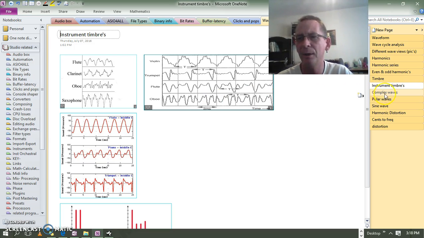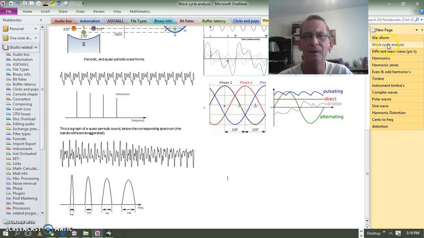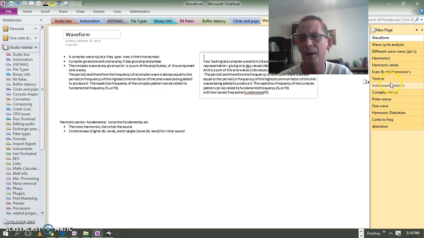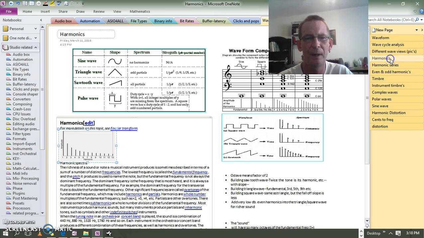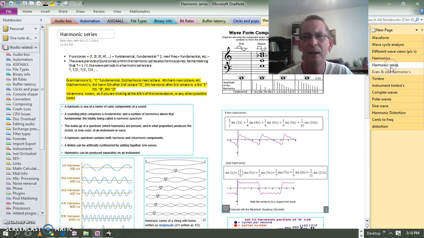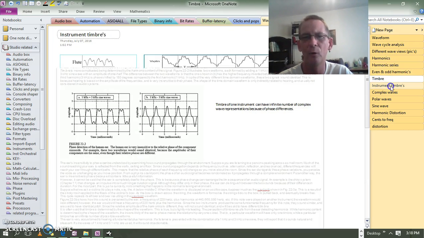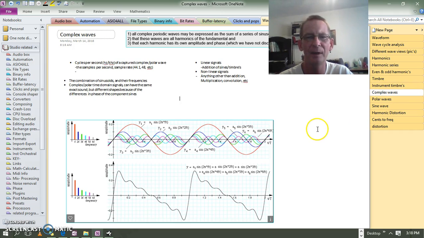Let's say you've got a picture of a waveform that looks like this, and it might look like this. Now, the phase of them is in unison.